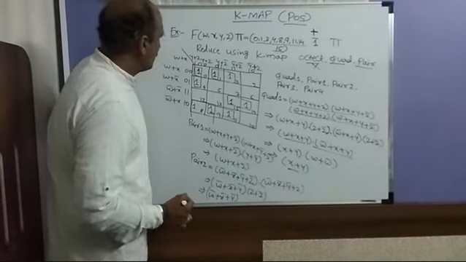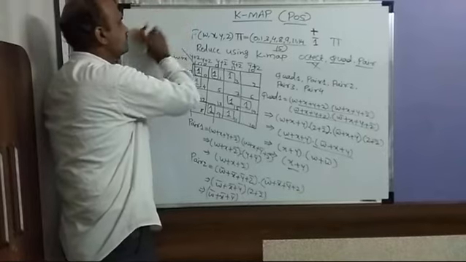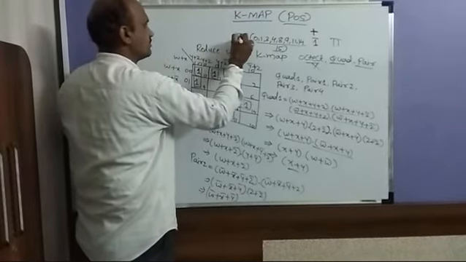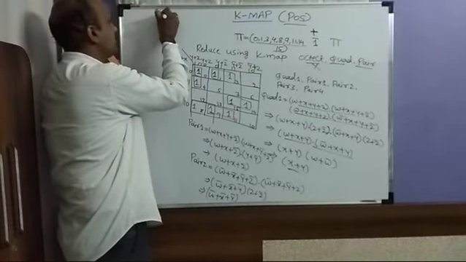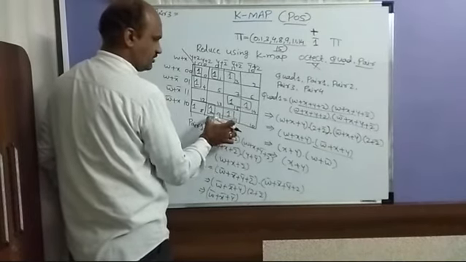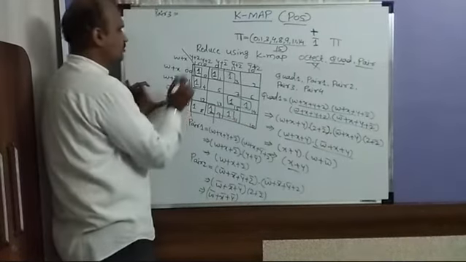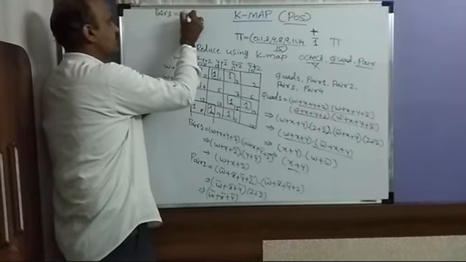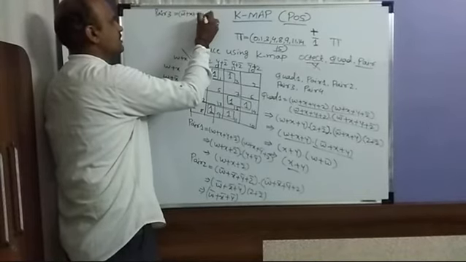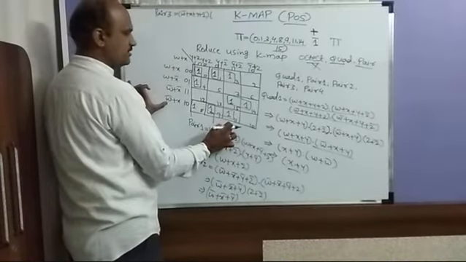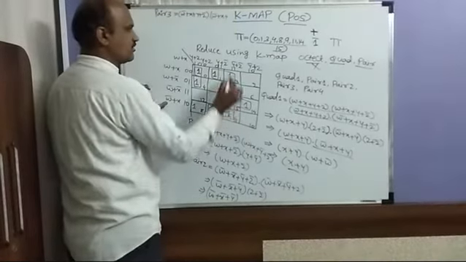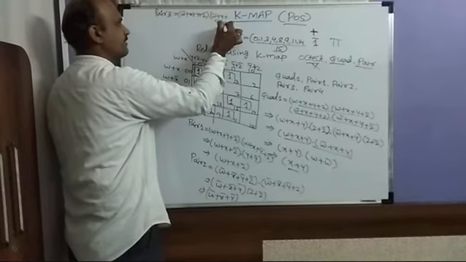Okay, next I will write it here. When you go to pair 3, I will take these two, 9 and 11. So w bar plus x and y plus z bar, and for 11, w bar plus x plus y bar plus z bar.